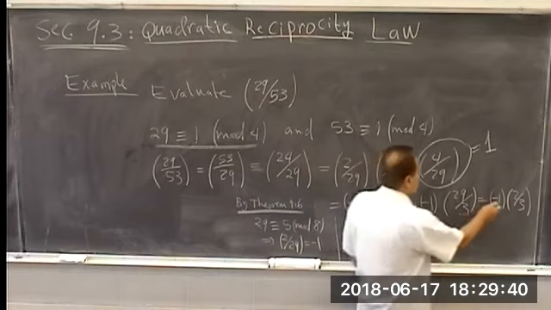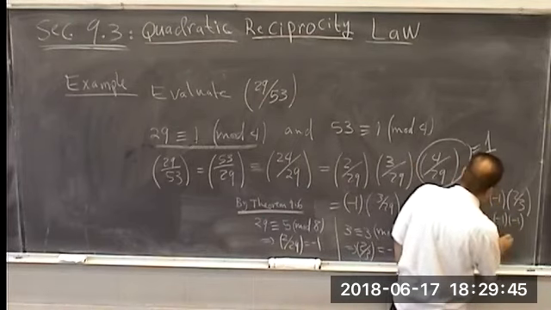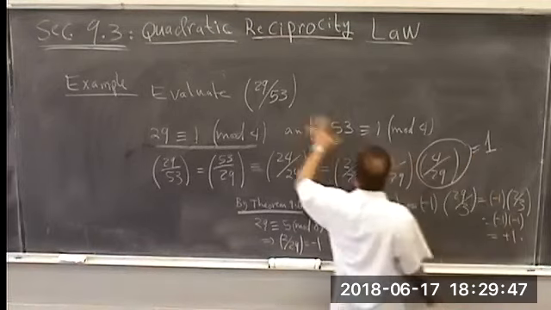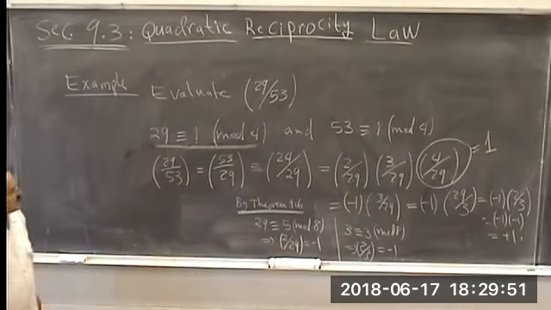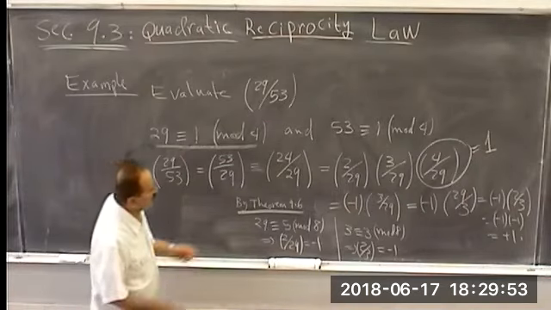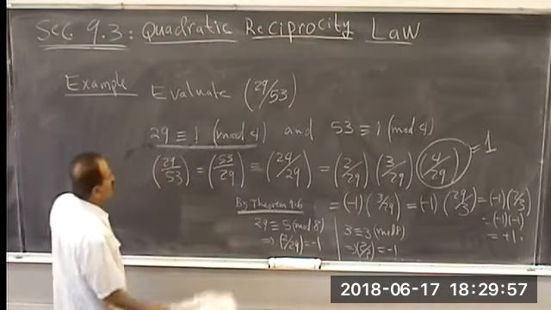So this one is going to be -1 times -1, and this is +1, which we already know from the very beginning, but we just want to see how this would work by evaluating using quadratic reciprocity.